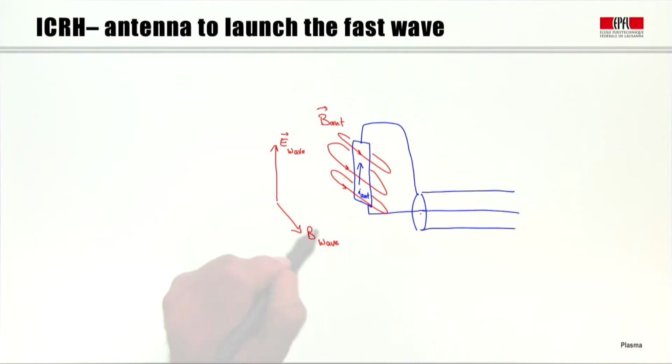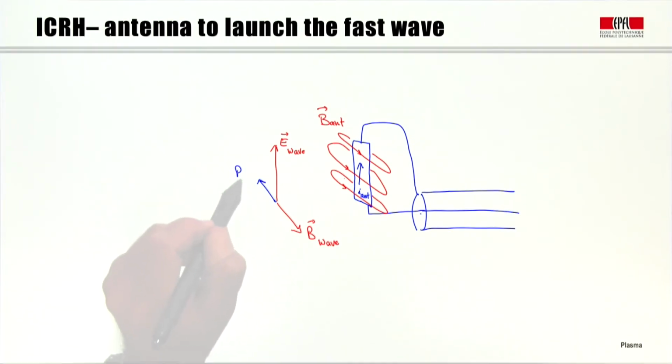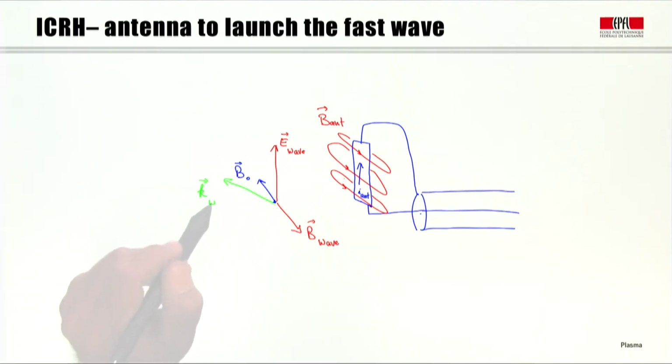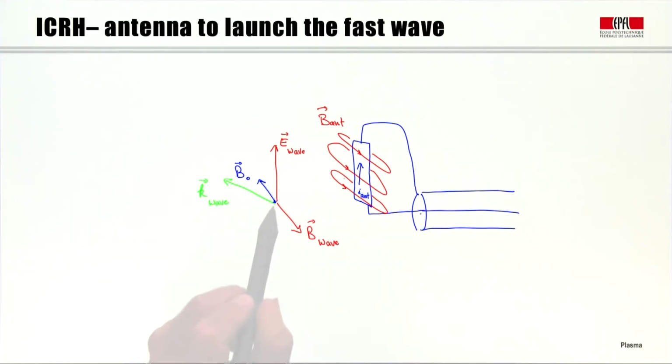The magnetic field of the wave we're launching is perpendicular to it, and say there is a background magnetic field, B0, in this direction, and the wave propagation vector that could be in a direction oblique to the magnetic field of the tokamak. So this is the way to respect the polarization we need to have, because we want an electric field of the wave that's perpendicular to B naught. That's an essential element for launching the fast magnetosonic wave.